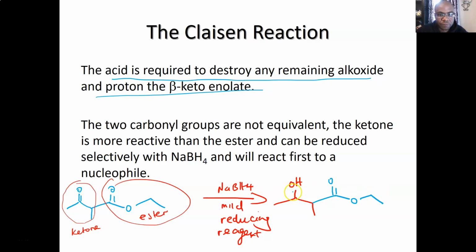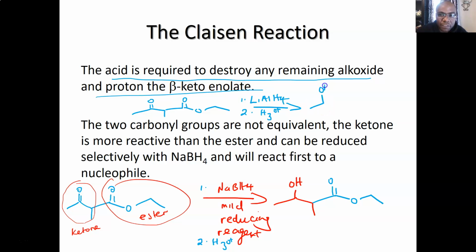If you want both of them to be reduced to alcohols, one will want to use a stronger reducing agent like lithium aluminum hydride. Of course, this will be step 1. Step number 2, you always quench with H3O plus. So use lithium aluminum hydride, which is the main reagent.